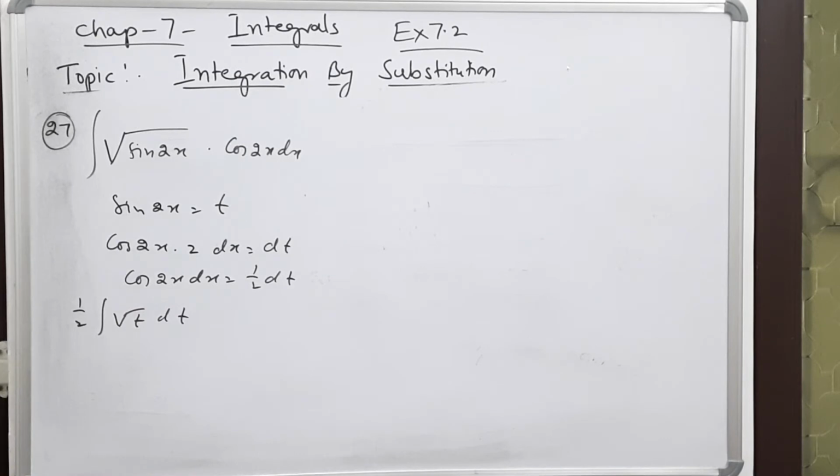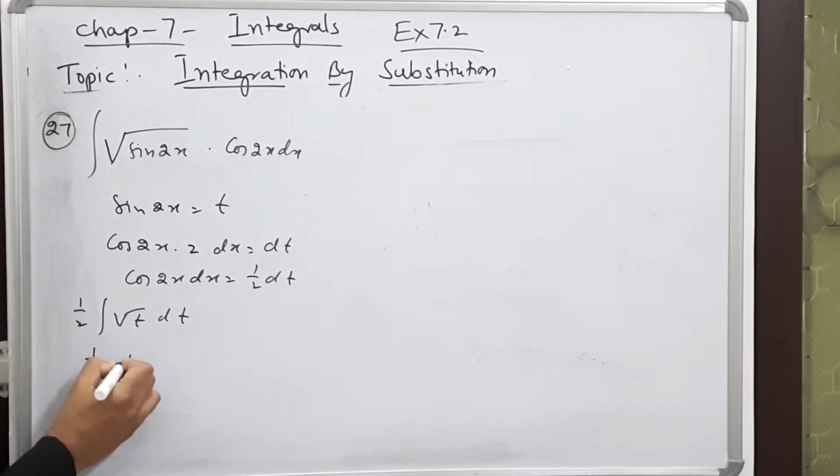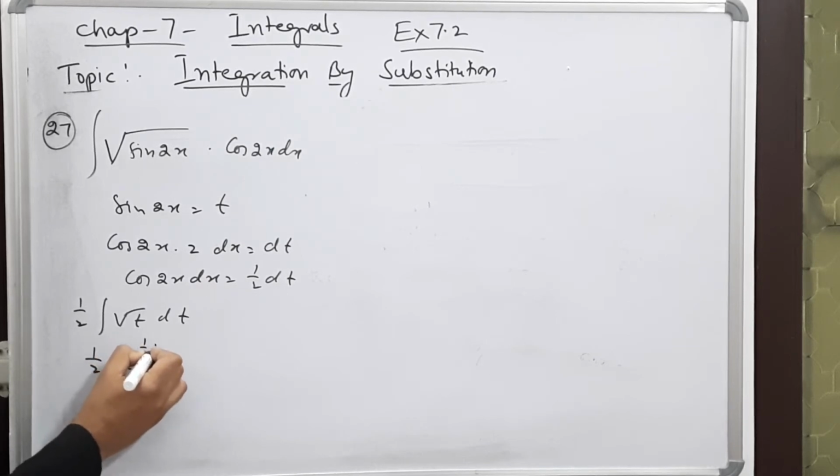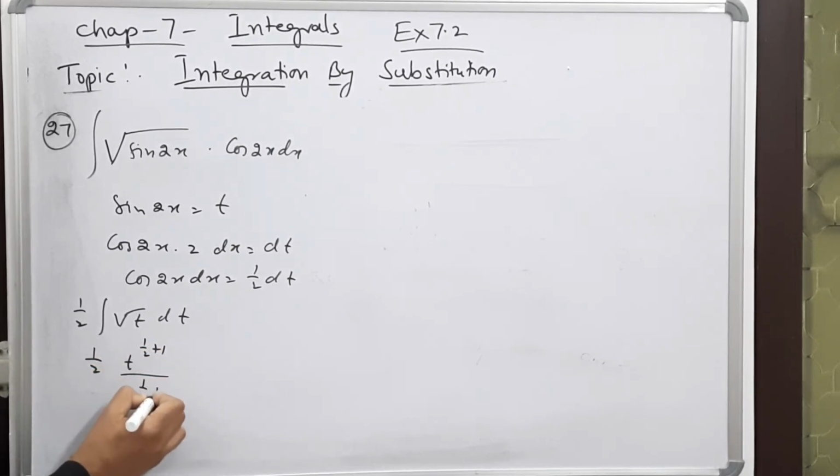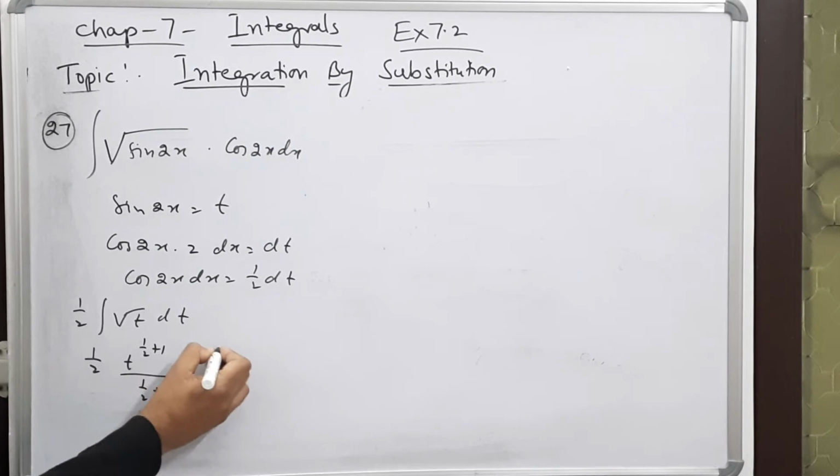So you write now half root t dt. See this form. Now the integration is half times t power (half plus 1) upon (half plus 1) plus c.